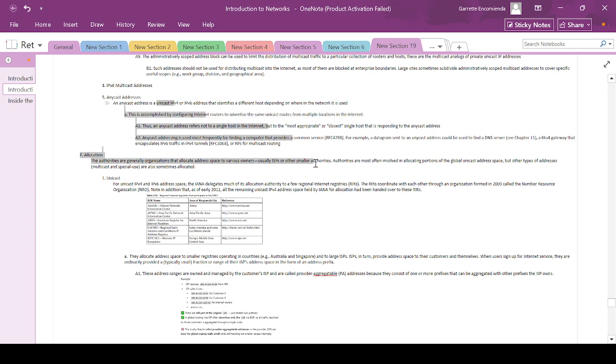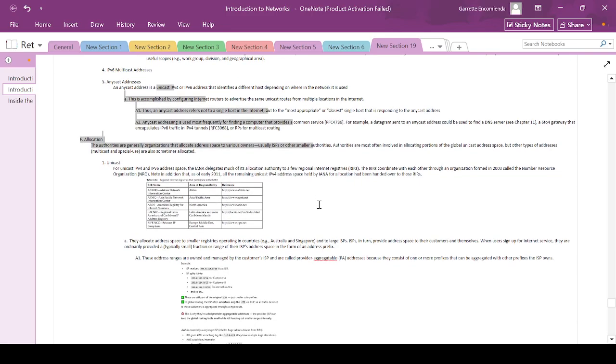An Anycast address is a unicast IPv4 or IPv6 address. It's a unicast, so it's not multicast. It could be IPv4 or IPv6 that identifies a different host depending on where in the network it is used.